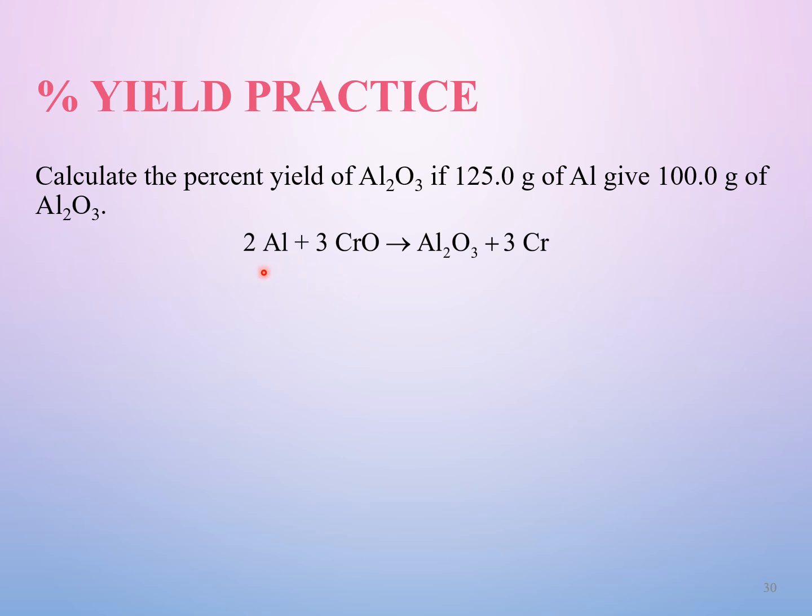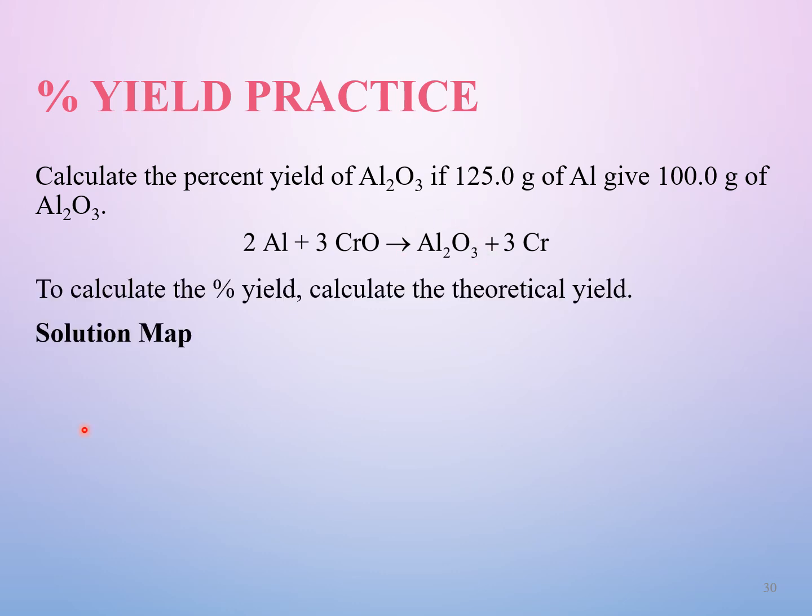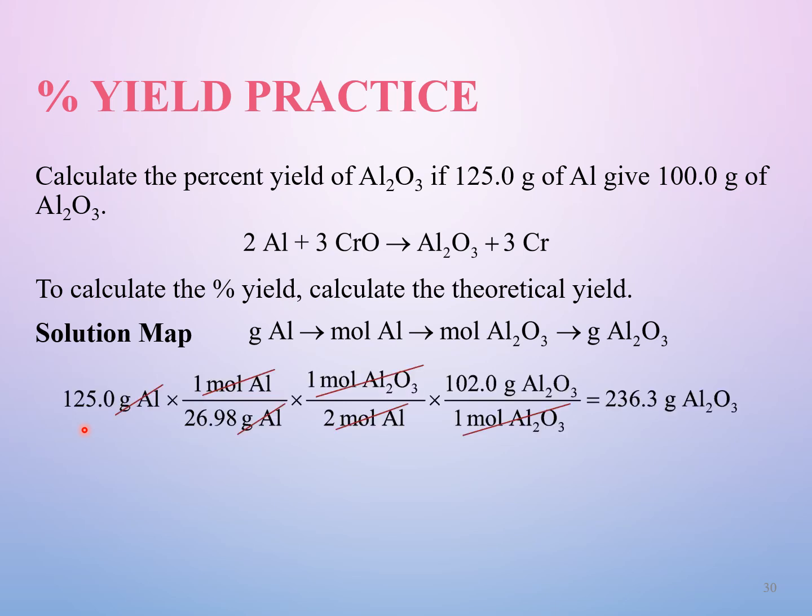The first thing you do is you take grams of aluminum, turn it to moles of aluminum, and then you do the mole to mole ratio. 2 Al is to 1 Al2O3, and then you can get the grams of Al2O3 by using molar mass. So that would give us the theoretical yield.